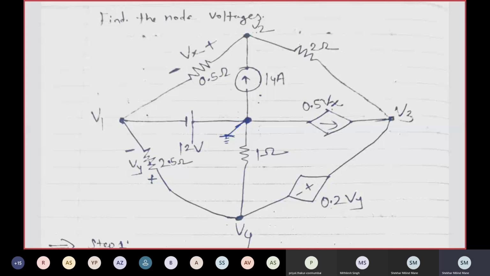There are two dependent sources, 0.5 Vx, which is connected to V3, and 0.2 Vy, which is connected between V3 and V4. Vx is given here, which is across the 0.5 ohm, and Vy is across the 2.5 ohm.